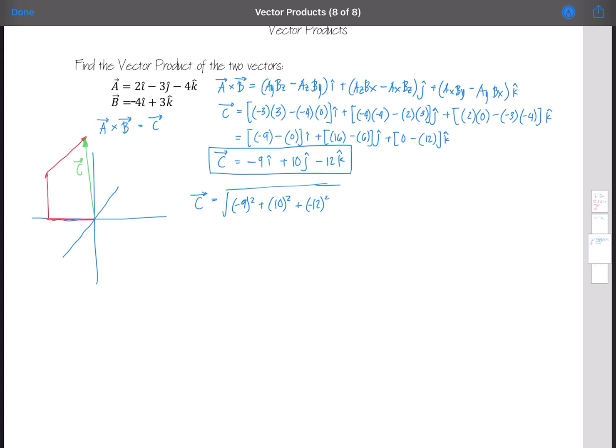If we're going to get that, we now have the magnitude of vector C. For the direction, you can compute it using tangent, coming from the x-axis, y-axis, and z-axis. We won't do that anymore. This is just to show getting the vector product using unit vectors.